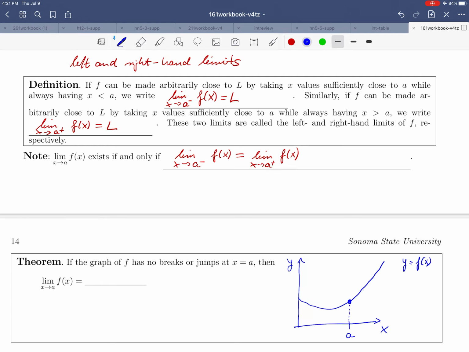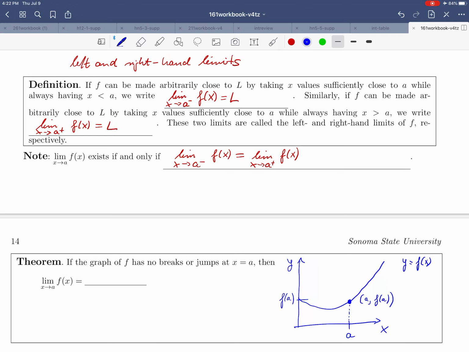And so then look what happens right here. We don't have a break, we don't have a jump. We have a point right here that has input a and output f of a. So the output would be somewhere over here on the right. So this is f of a.